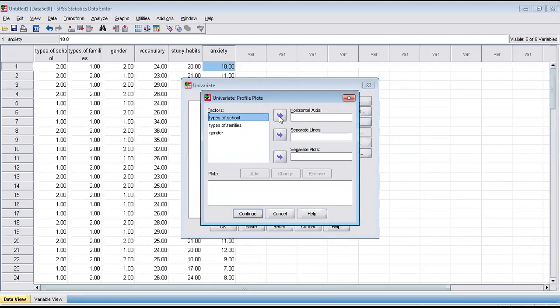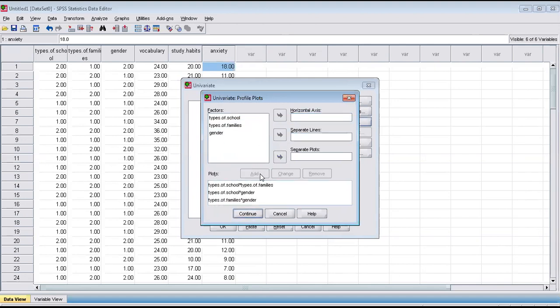Let us say I take here, and separate lines, this is the first order interaction between types of school and types of family. Another is types of school and gender. Another is types of family and gender.